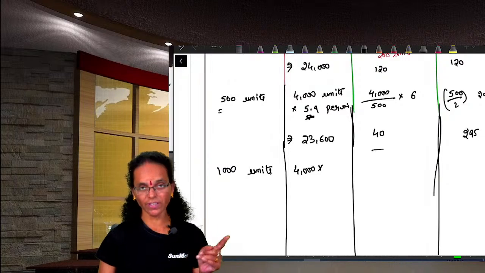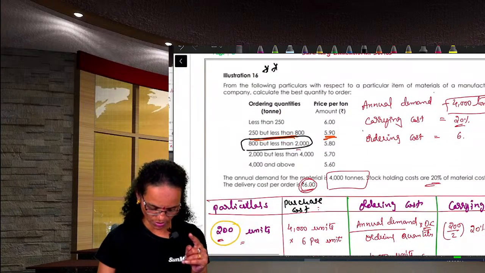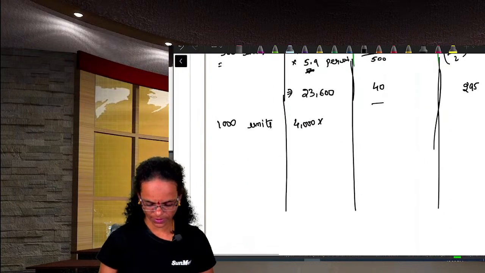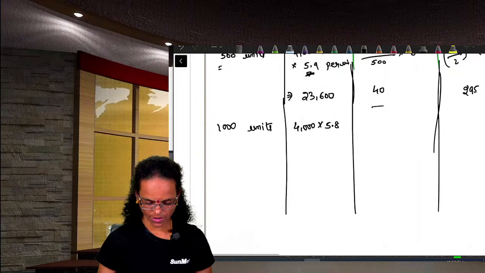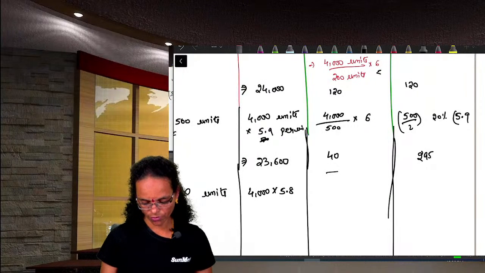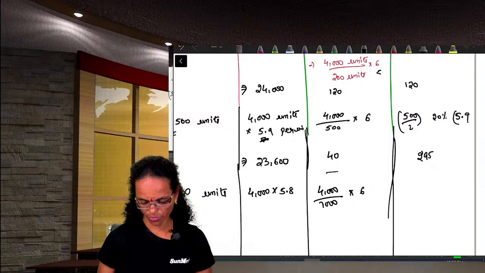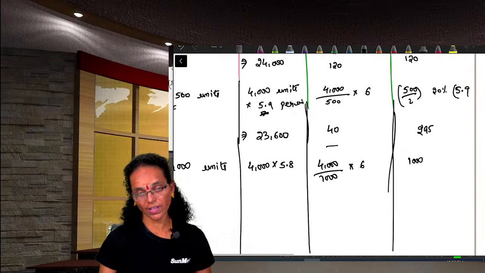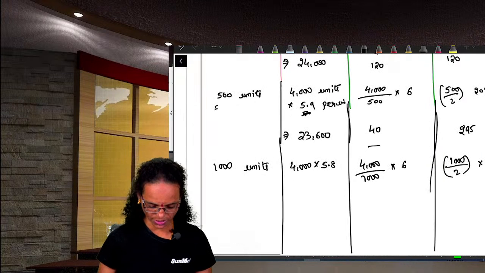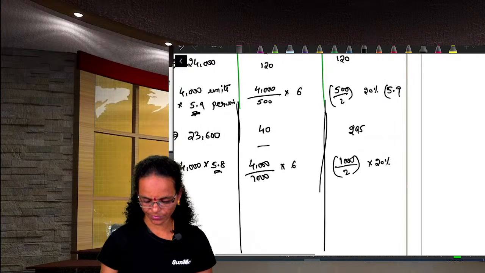When we are placing a request for 1000 units, the purchase cost will be 5.8. Ordering cost: 4,000 is annual demand. We are placing a request for 1000 units and 6 rupees. 1000 units we are carrying at a time, divided by 2 into 20% on purchase cost, which is 5.8.